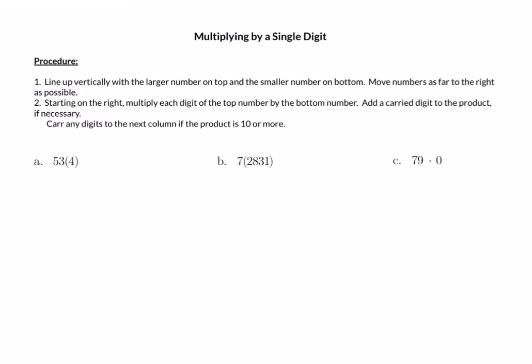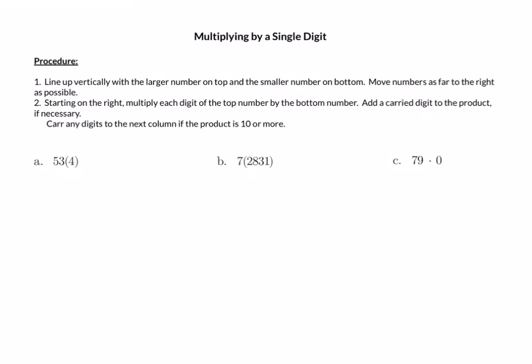Okay, so the first thing that we want to do is talk about multiplying by a single digit number. In order to do this, we want to line up vertically with the larger number on top and the smaller number on bottom. We want to move our numbers as far to the right as possible.